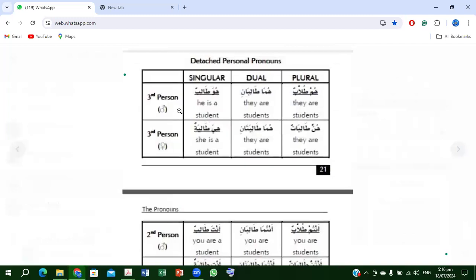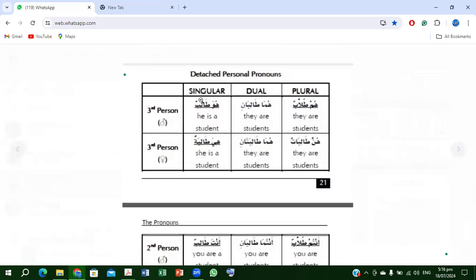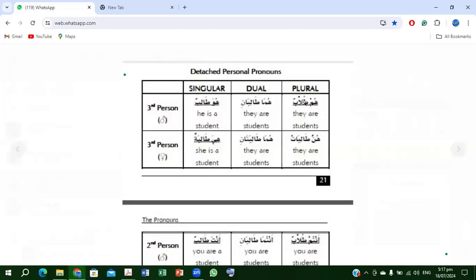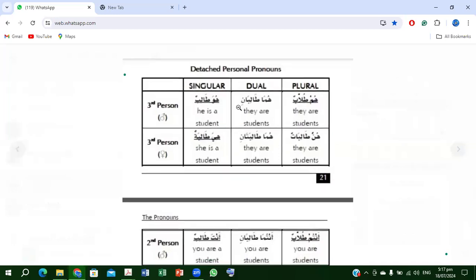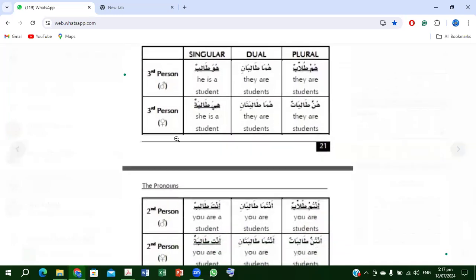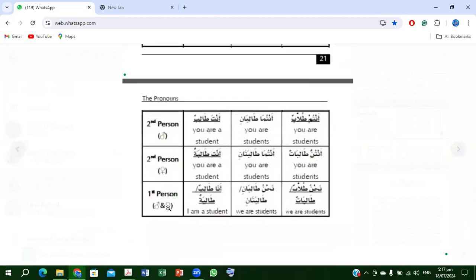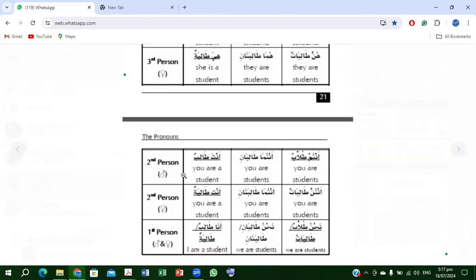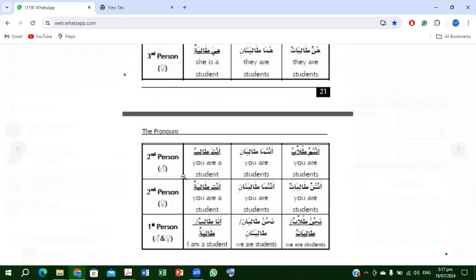Then for the number, there are different words for singular, dual, and plural. So the pronouns for singular, dual, plural will be different for third person male, third person female, second person male, second person female, and first person. Together they are 14 pronouns.